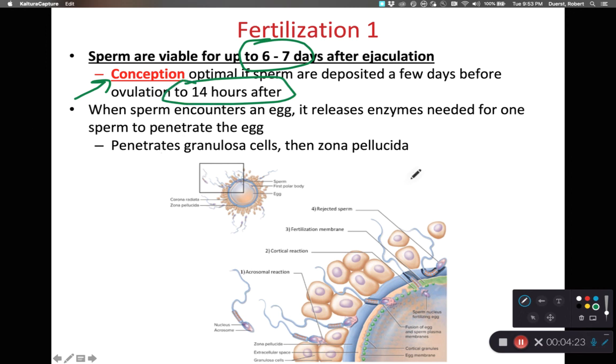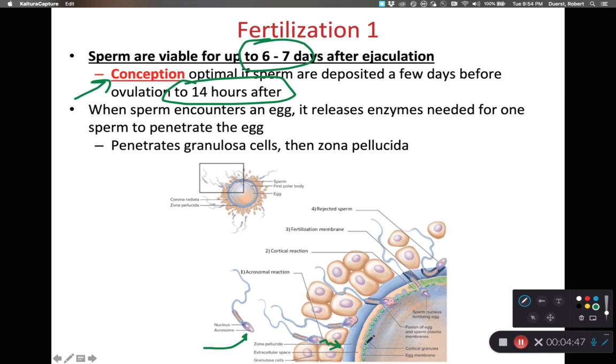And when that sperm encounters the egg, that sperm is going to release enzymes from the acrosome. That acrosome is right at the tip of the sperm and contains a lot of digestive enzymes. Those digestive enzymes are used to burrow through the granulosa cells that make up the corona radiata around that egg.